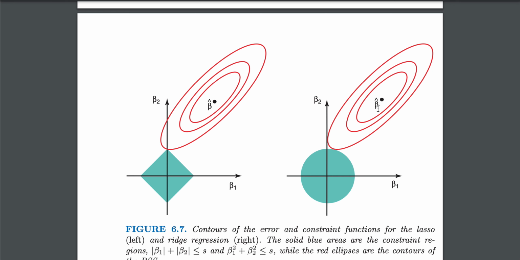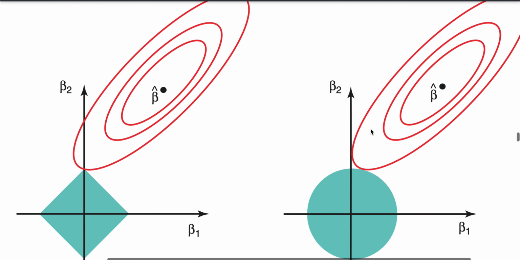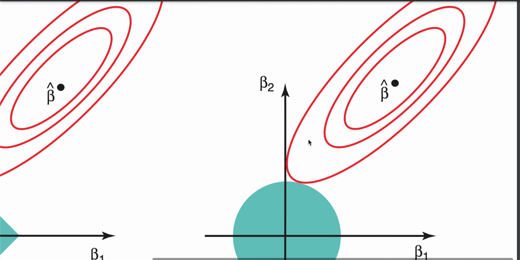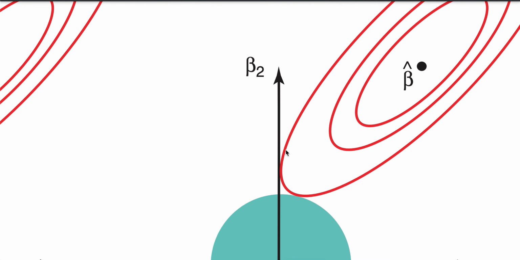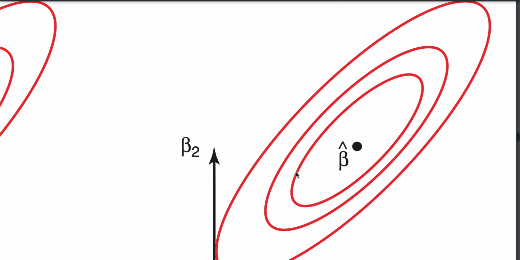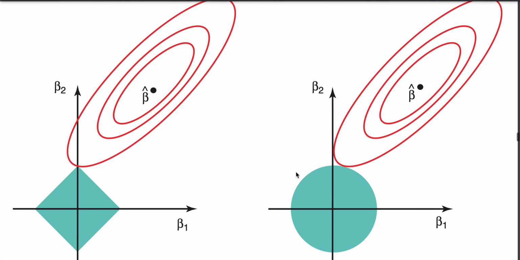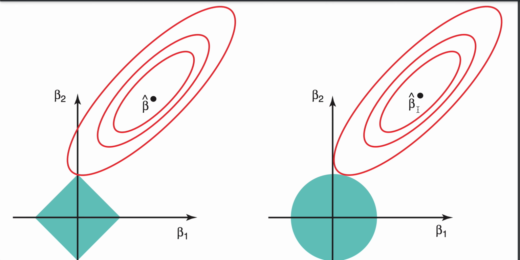So this beta hat, assuming it exists, is the least square estimate.